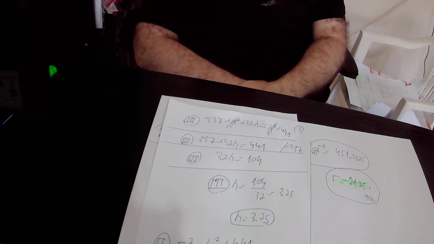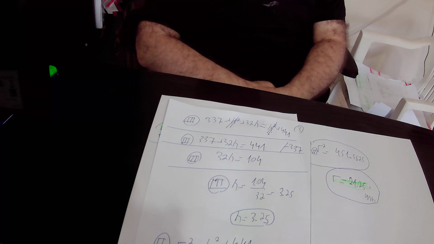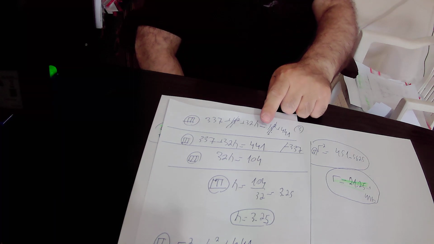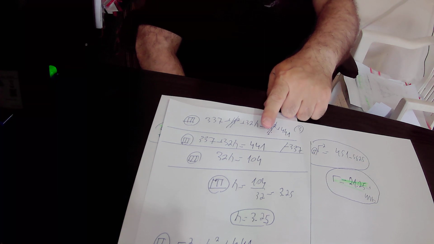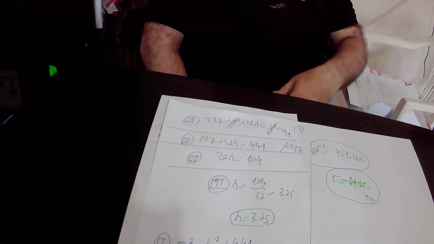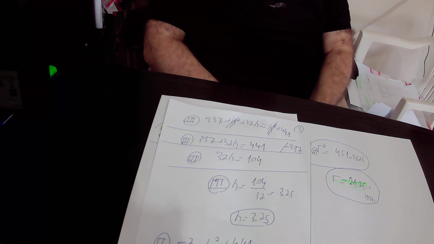Here we subtracted 337 from this equation, and we found out that 32h equals 441 minus 337, which is 104. Here we divided this equation by 32, and we found out that h equals 104 over 32, and 104 over 32 is 3.25 units. So h equals 3.25 units.